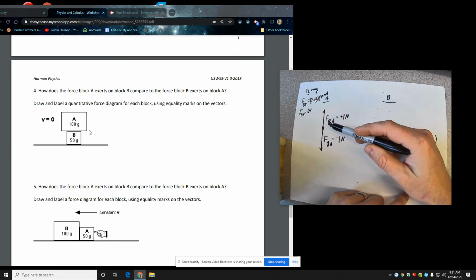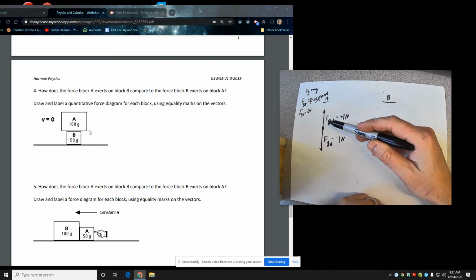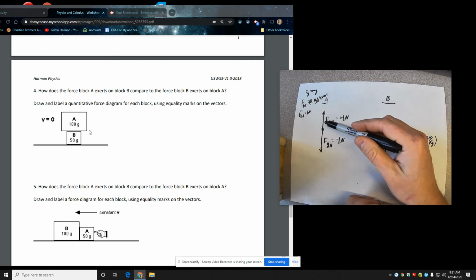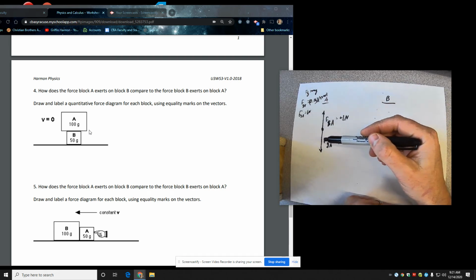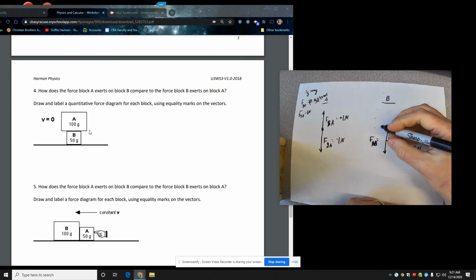The force of B on A, if the table legs were all of a sudden to break and this thing would start to accelerate down, that could be smaller than this. Or if someone was to lift the table up, FBA could be bigger than FGA. These do not need to be equal. These are literally the same force. FBA and FAB are literally the same contact force.